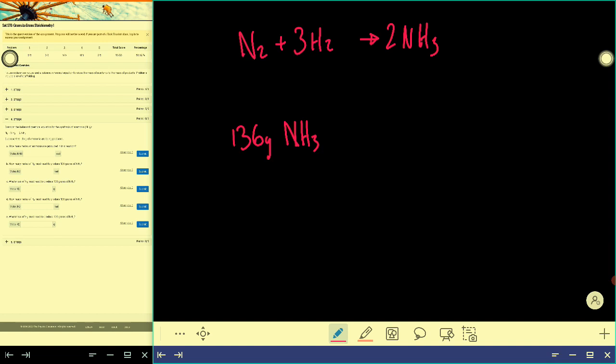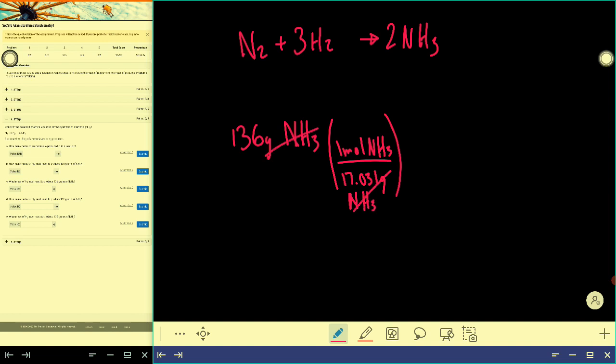All right, how many moles of ammonia are produced? So we know if we have 1 mole of ammonia, we're going to take nitrogen's mass in the periodic table is 14.007 plus hydrogen 1.008, and there's 3 of them, and I get a mass of 17.031 grams NH3.